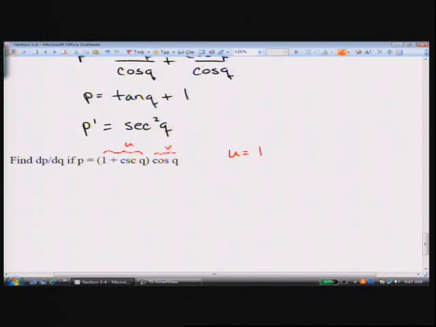So u equals 1 plus the cosecant of q. So u prime is the derivative of 1, which is 1, and the derivative of cosecant is negative cosecant q cotangent q. v is the cosine of q, so v prime is negative sine q.